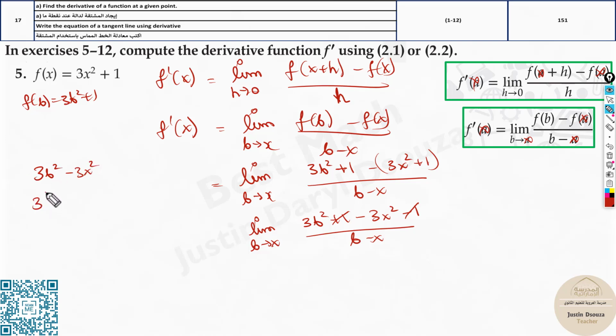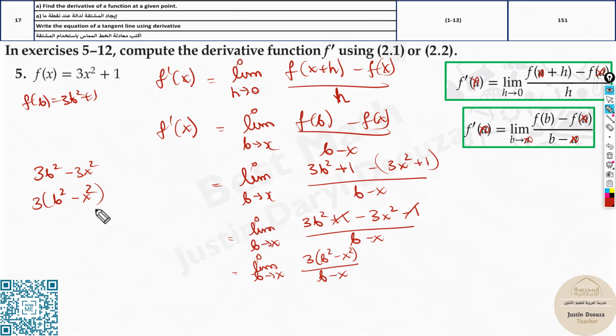3 and 3 is common, isn't it? So I can take that outside, and it will be b squared minus x squared. Now you can simplify this further. So it's limit as b tends to x, 3 removed outside, b squared minus x squared divided by b minus x.